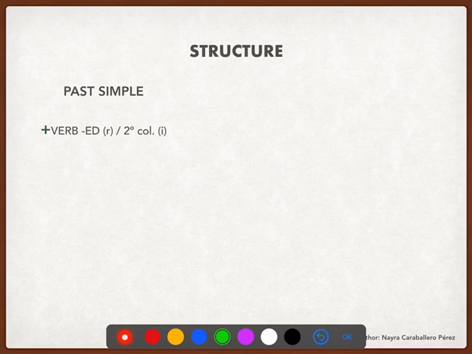The structure of the past simple. It is important to know the irregular verbs list, because if you don't know the verbs, you cannot pass the exam, of course. Because in the past simple tense, in affirmative, we need the verb ending in ed if it is regular, but if the verb is irregular, we have to know the second column of the irregular verb.